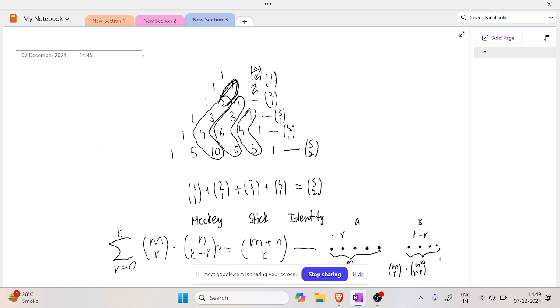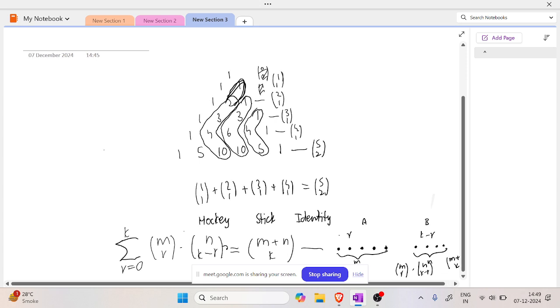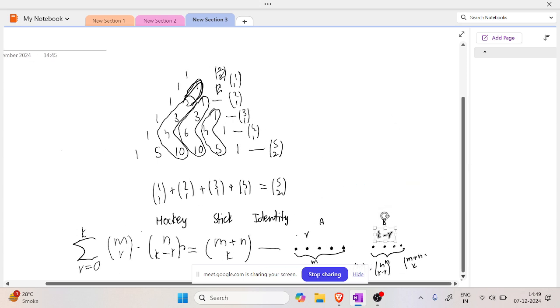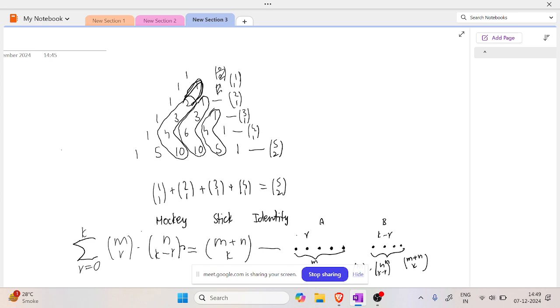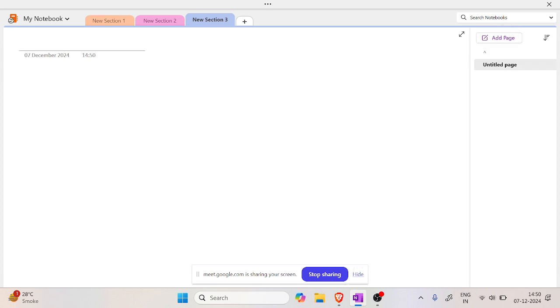Or you could just count it directly, where you have m plus n elements and you need to choose k out of them. You also don't need to worry about k minus r becoming greater than n, because that won't contribute to the summation anyway, since it's just going to be 0. So yeah, this is Vandermonde's identity.